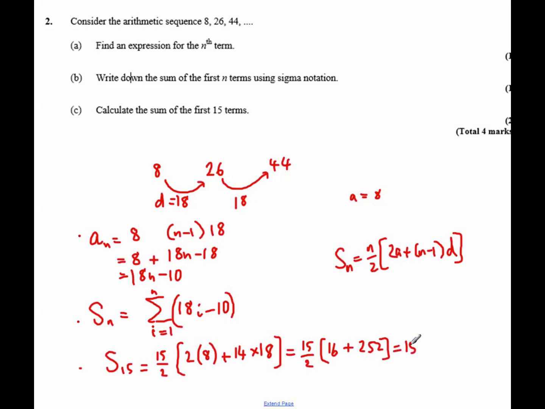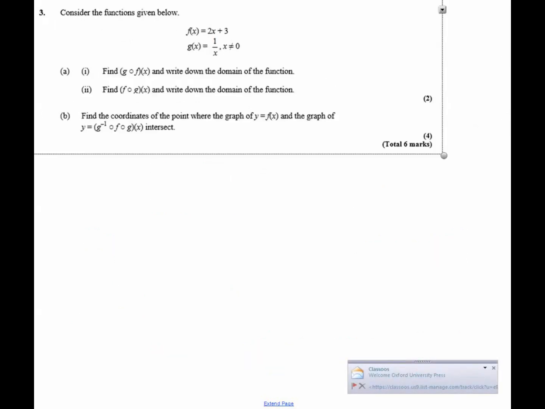Easier to divide both things by 2 before timesing by 15. 8 plus 126, and then you finish off the maths. And you get 8 plus 126 times 15 is 2010. There we go. Next question.